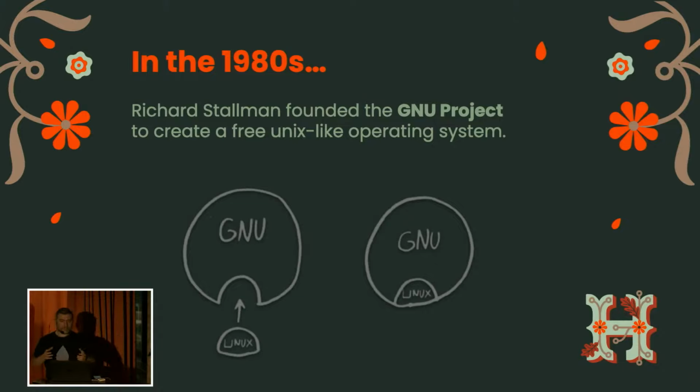So maybe this was not the reason or even the spark, but we can consider this was one of the reasons that he later on started the GNU project to create a free Unix-like operating system. He and his team were writing all the components, but they also got some components from other resources, other people as well.